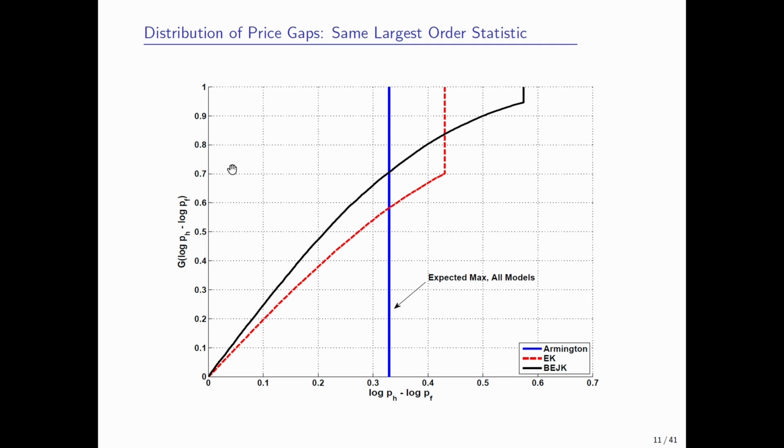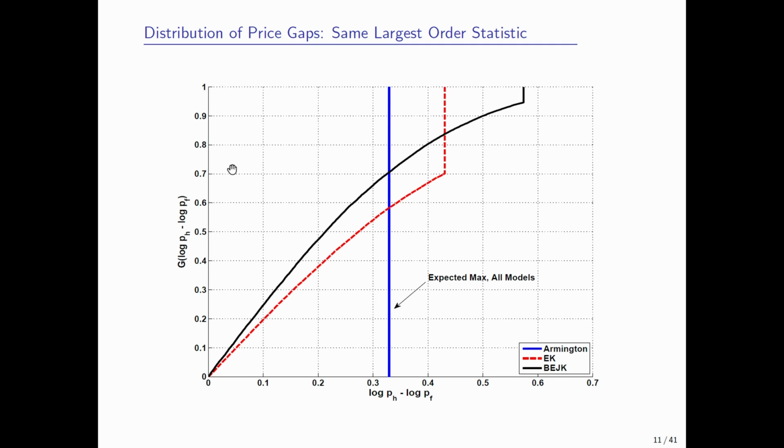So if you want to hit the max, you have to overshoot with the distribution. Similarly, with the BJK model, you have to go even further because there's this extra distortion, which is the markup.